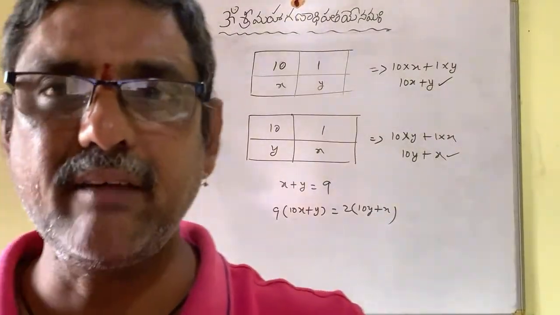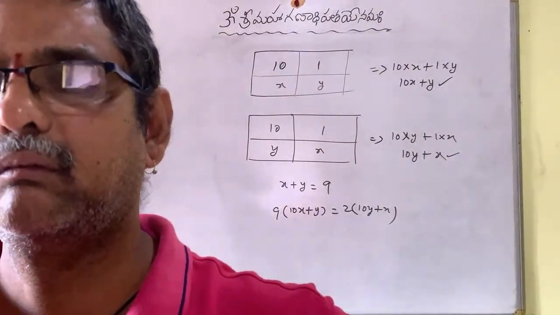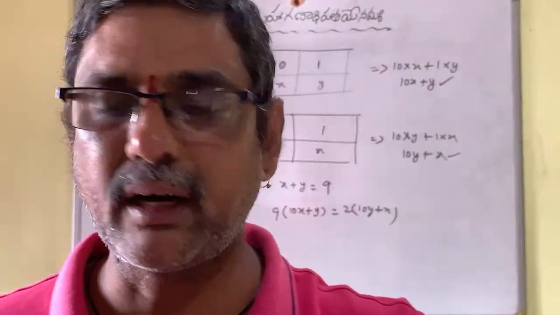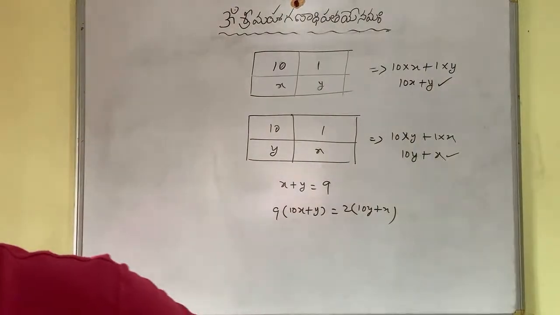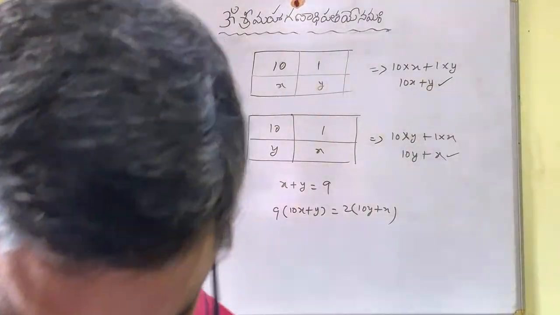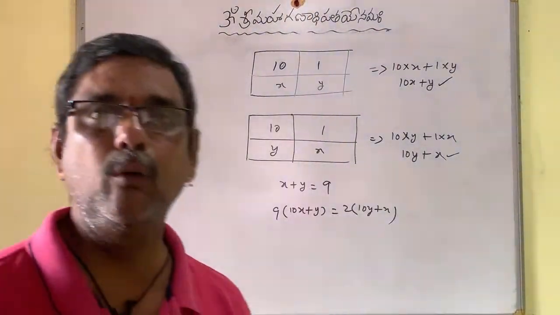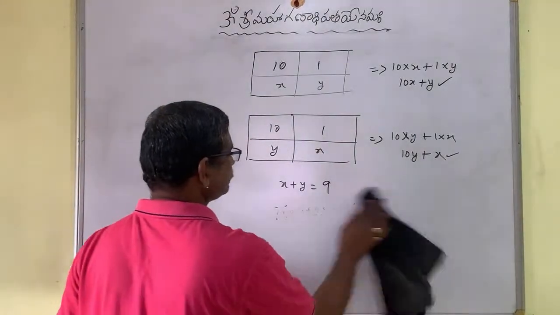Meena got 25 notes in all. Find how many notes of 50 and how many notes of 100 she has received. How many 100 rupee notes she got and how many 50 rupee notes she got, we need to find out.